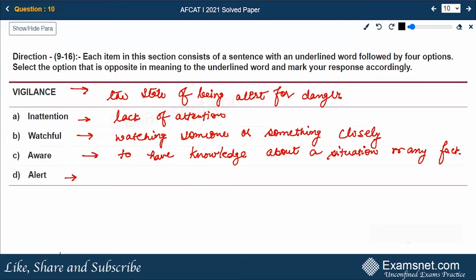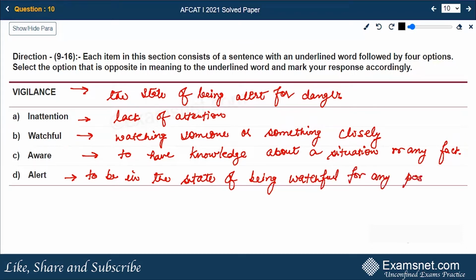Alert means to be in the state of being watchful, watchful for any possible danger.